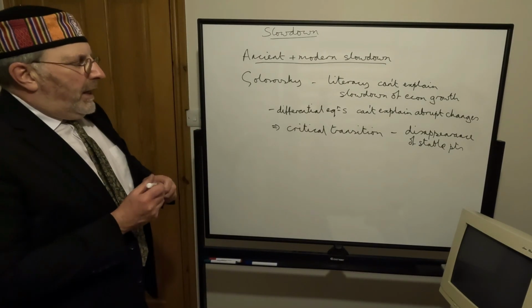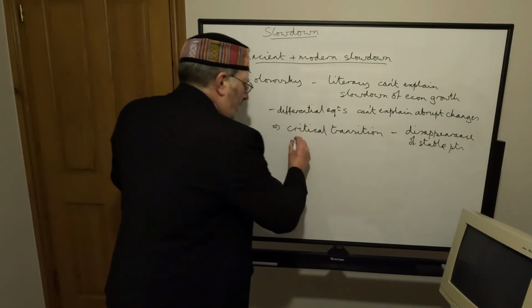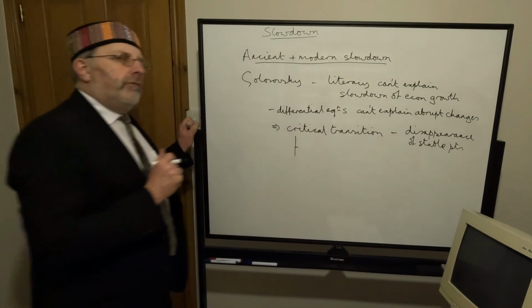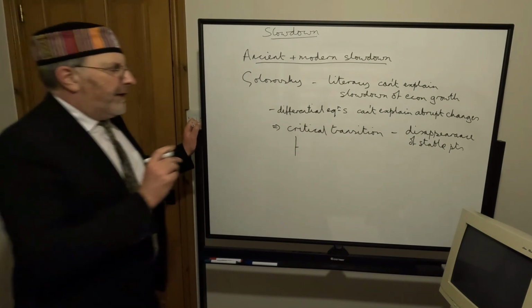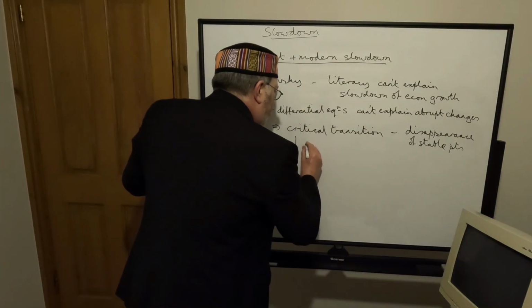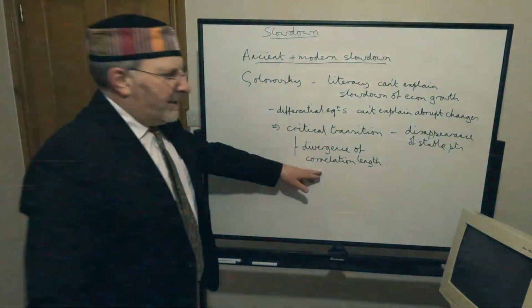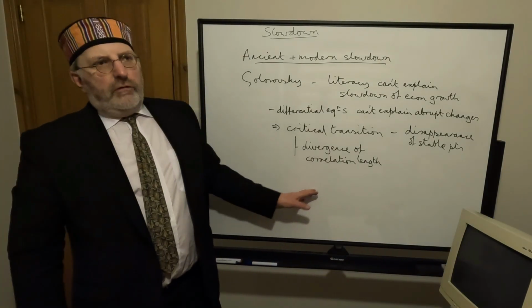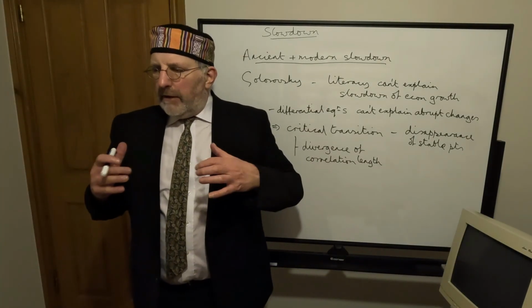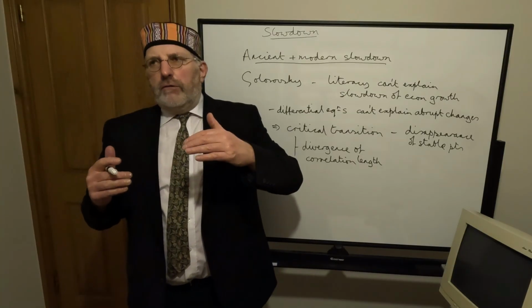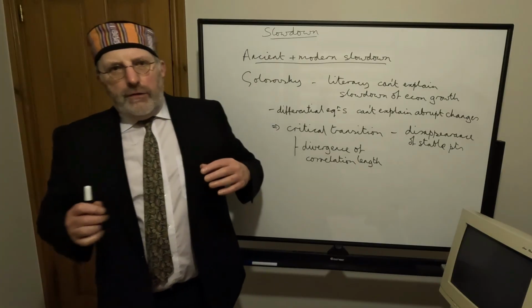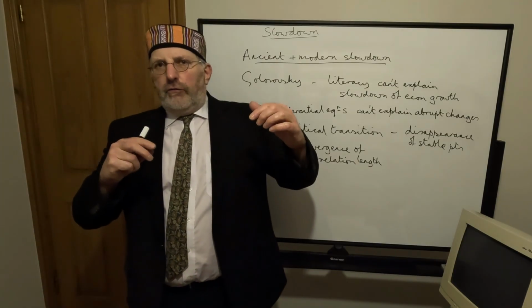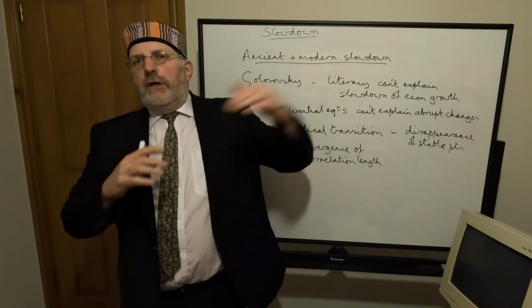And he says, as we just saw a little bit earlier, that one of the features of critical transitions is that of divergence of correlation length. So this is in the example of the critical transition from ice to water, that at the critical transition, the sizes of patches has an infinite average.